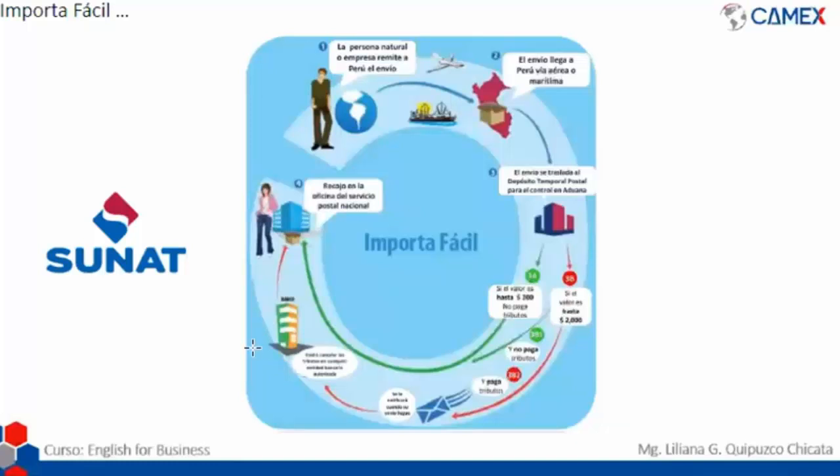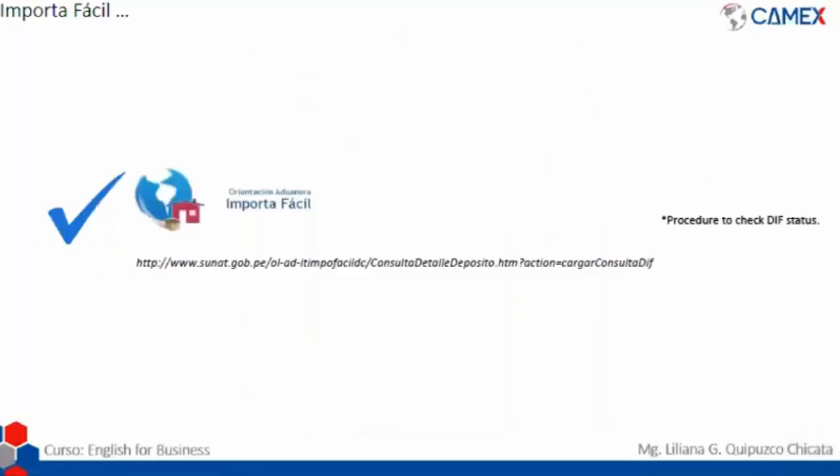And then SUNAT is going to allow you to pick up your product at the local postal office, or to let the mailman bring the product to your house. So this is kind of a really easy and graphic way to see how Importafácil works.